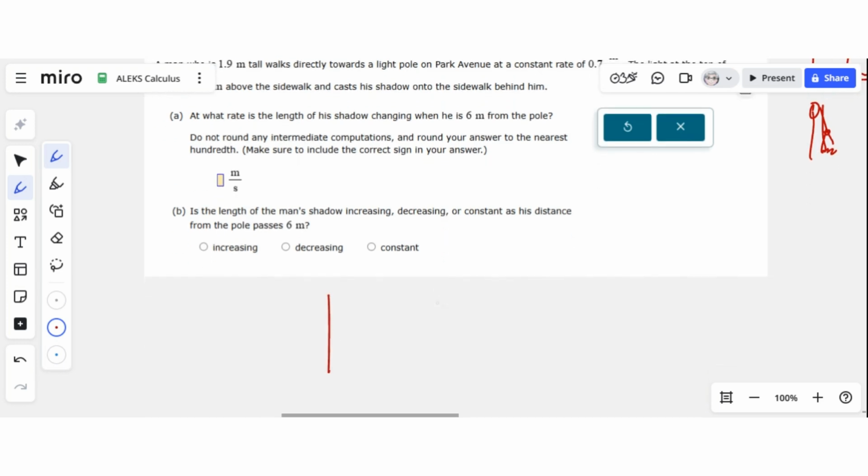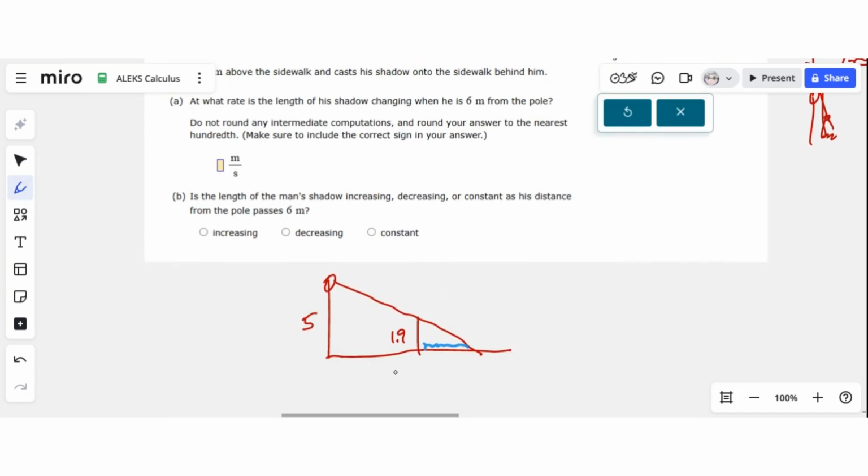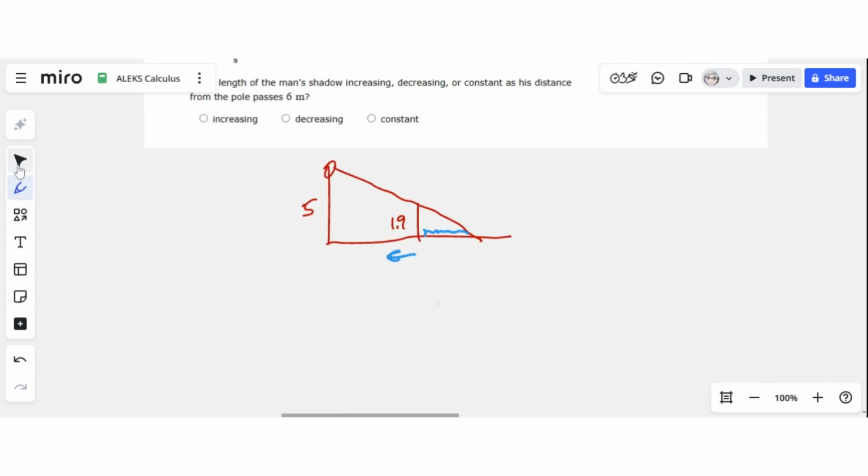It says the light pole is 5 meters tall, and the man is 1.9 meters tall. And then we'll try to draw this triangle. And we've got this space here that's the shadow. It also gives us this piece of information that he's walking toward it at a rate of 0.7 meters per second.